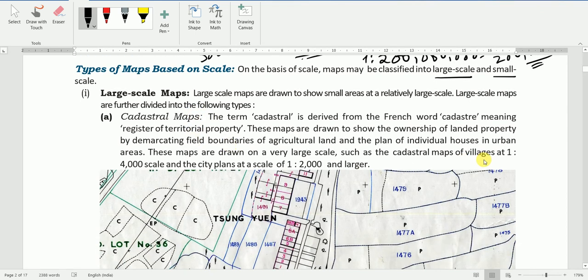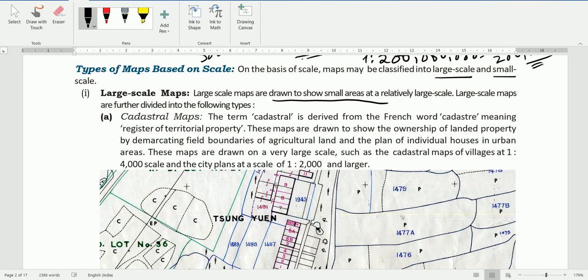Let us read. Large-scale maps are drawn to show small areas at a relatively large scale. So large-scale maps are drawn to show small areas in detail.